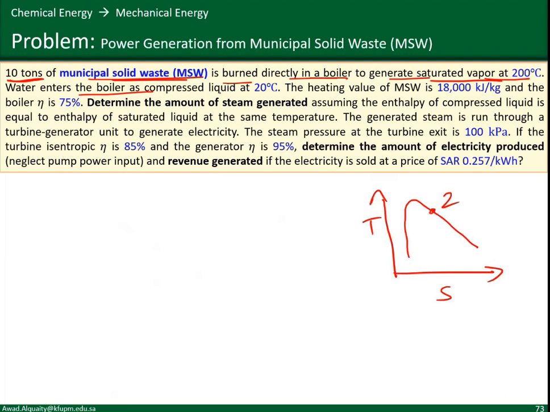Now, water enters the boiler as a compressed liquid at 20 degrees Celsius. So we can simply draw the TS diagram. It's going to look something like this. It's a constant pressure heat addition. The water enters the boiler at state 1, and state 1 is 20 degrees Celsius. Of course, it comes from a pump, so we can assume something like an isentropic compression in the pump, and maybe I'll have to redraw this.